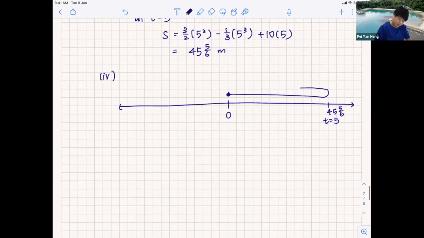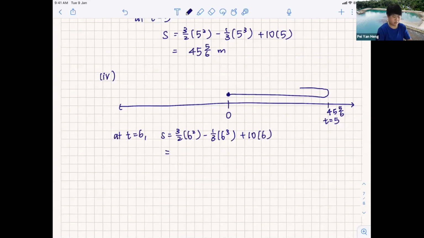Let's find out what is the displacement at 6 seconds, since we want average speed for 6 seconds. So at t equals 6, my displacement is 3/2 times 6 squared minus 1/3 times 6 cubed plus 10 times 6.